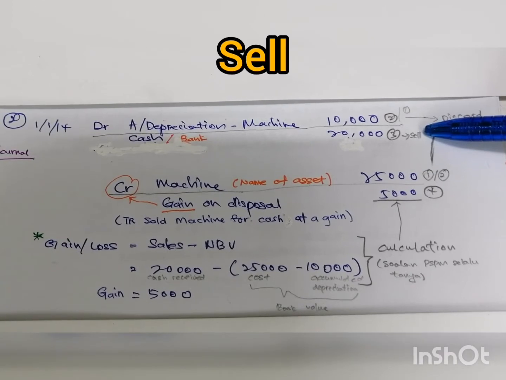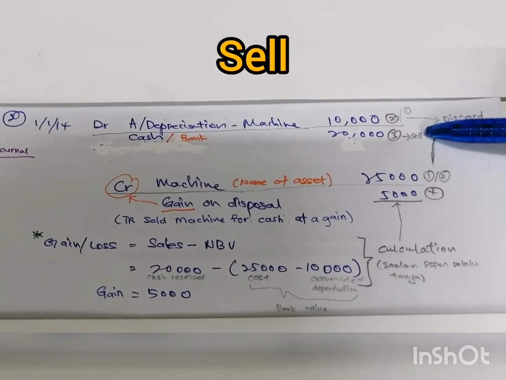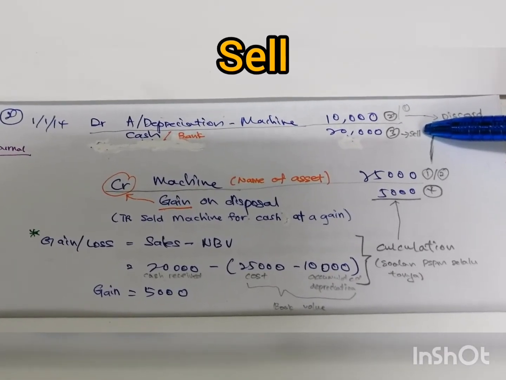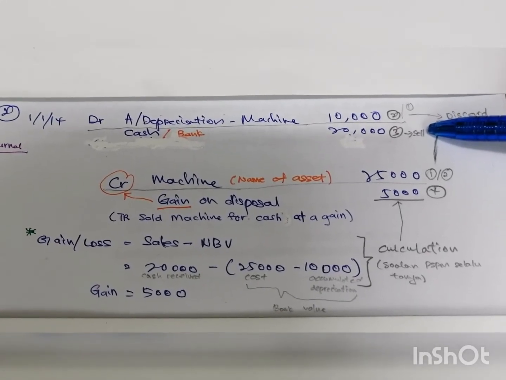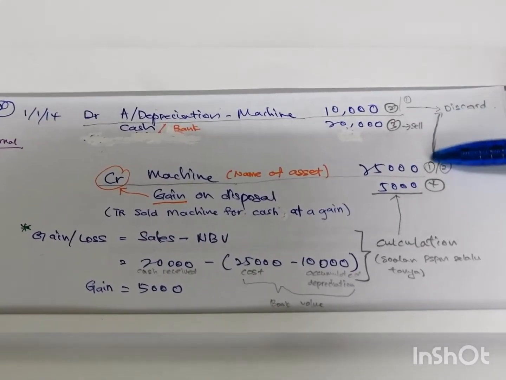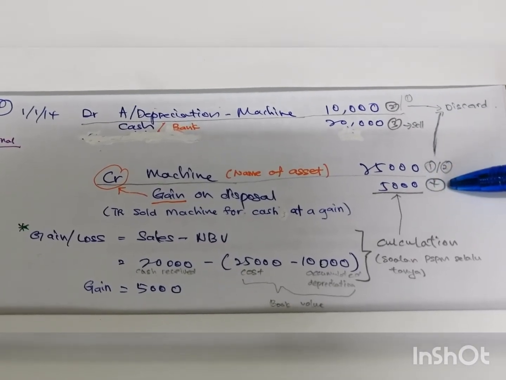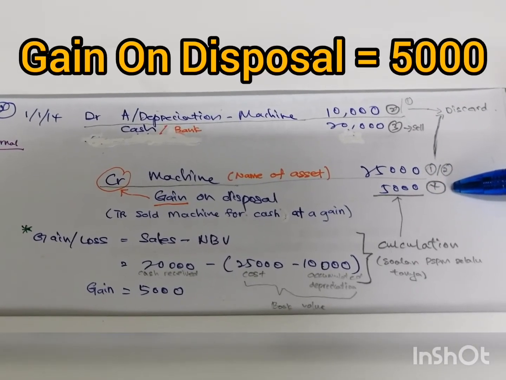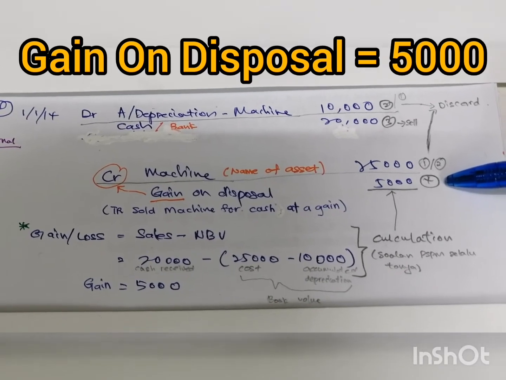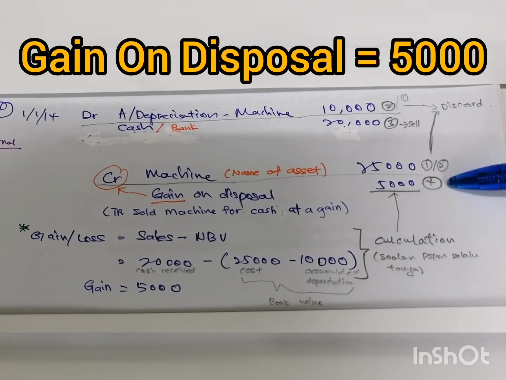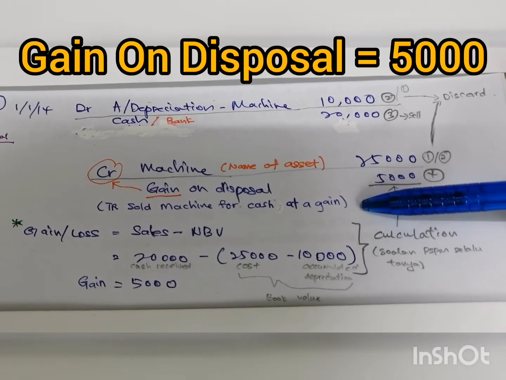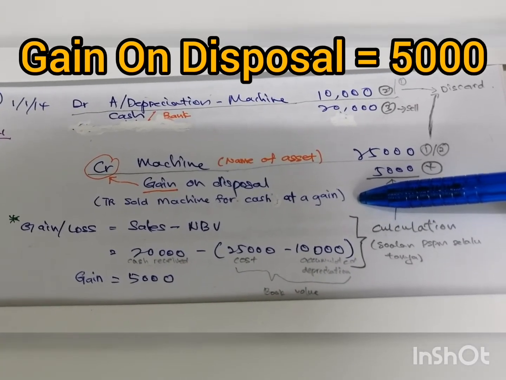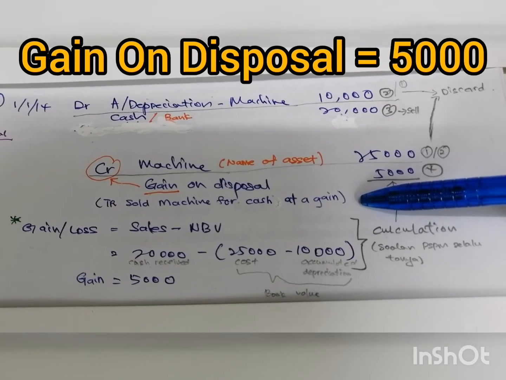When we sell off the machine with the price 20,000, we debit cash 20,000. So here we got the balance 5,000. That means we have the gain on disposal 5,000. So this is to record the sales of machines for cash at a gain.